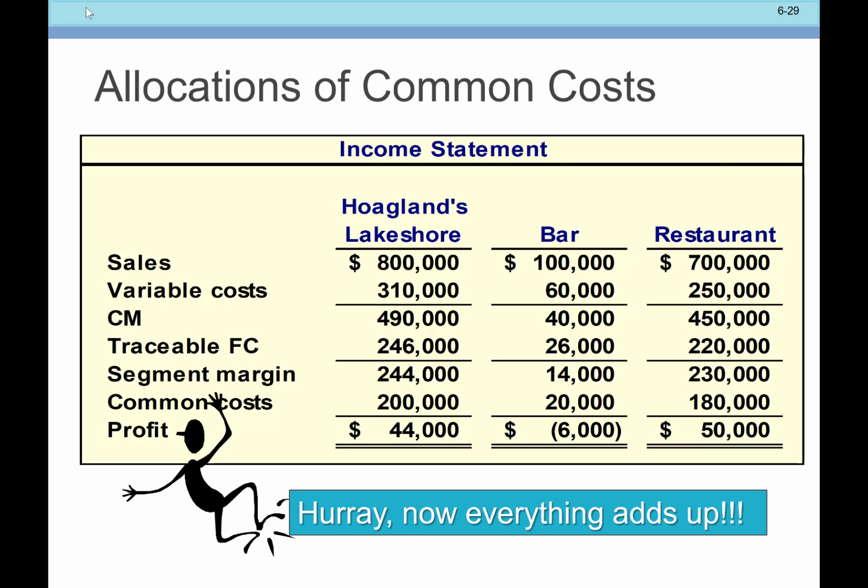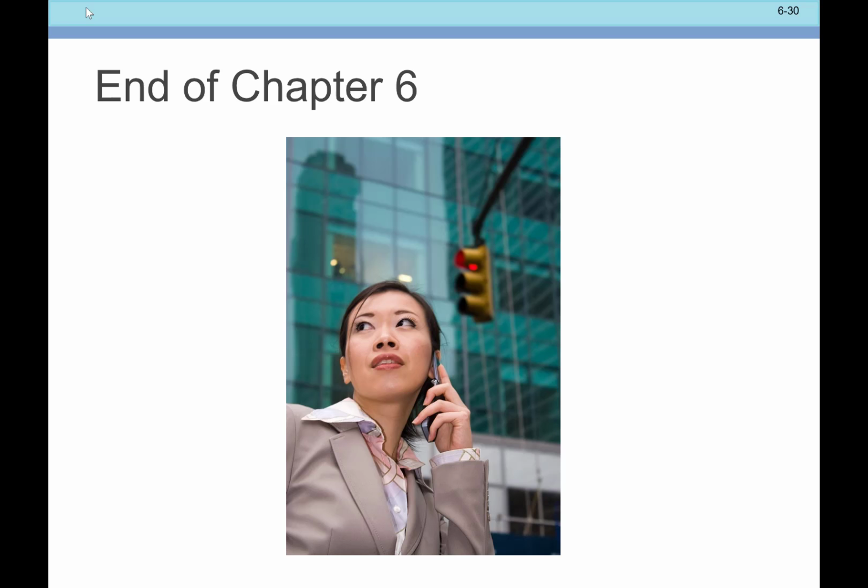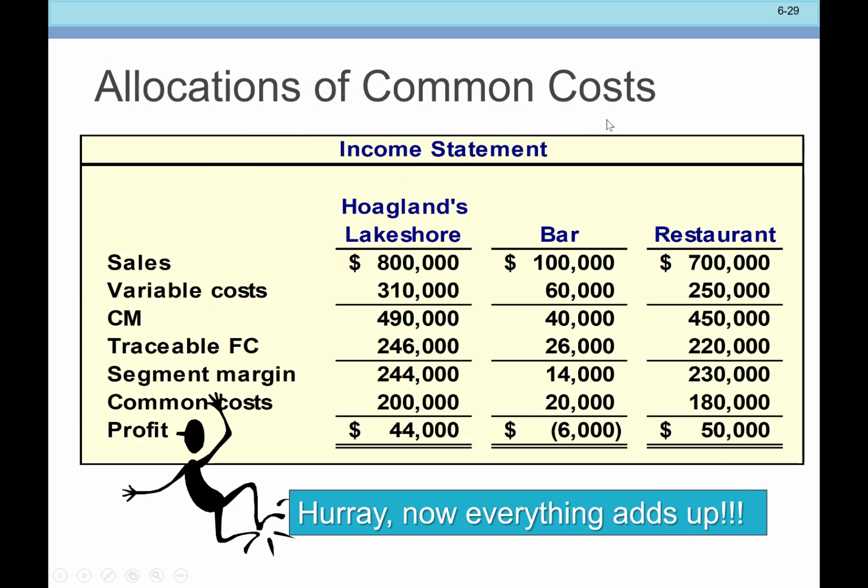So let's go ahead then. Huh? I thought I had some things embedded in there. Didn't I have questions embedded in there? No? I guess I was seeing things.